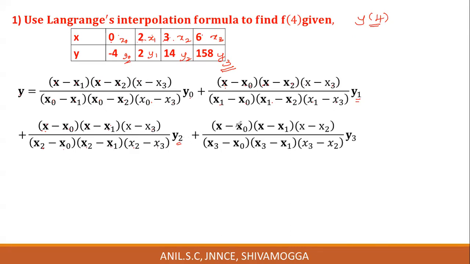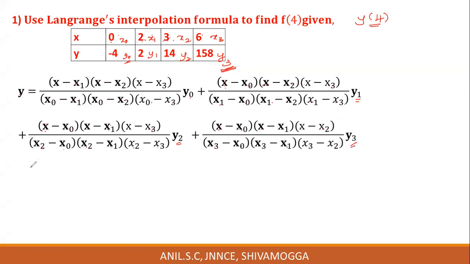Here x3 will not appear in the numerator. x minus x0, x minus x1, x minus x2. No x3 in the numerator. Divided by, replace x by x3: x3 minus x0, x3 minus x1, x3 minus x2, into y3, up to y3.